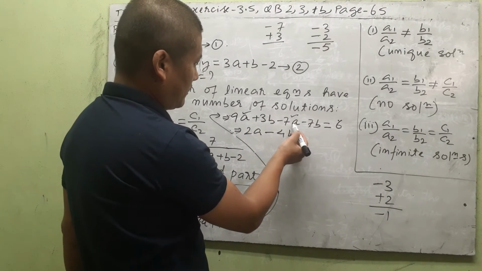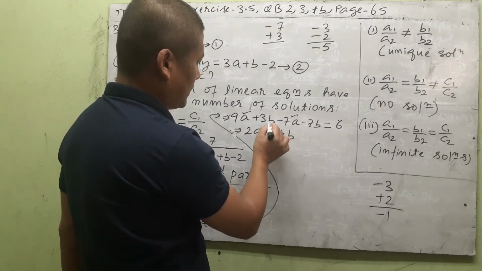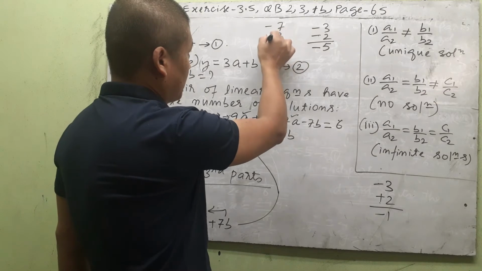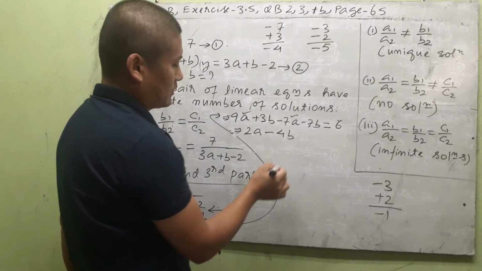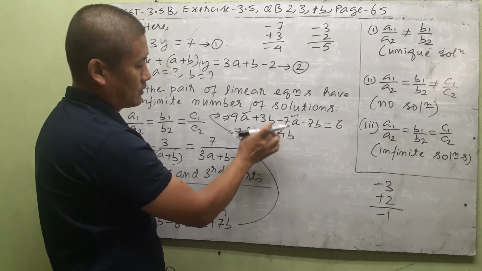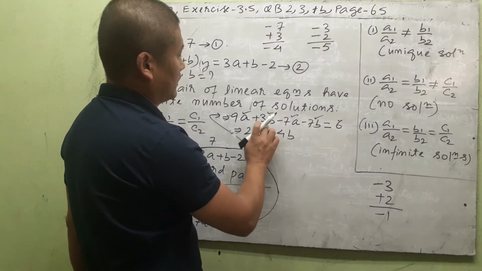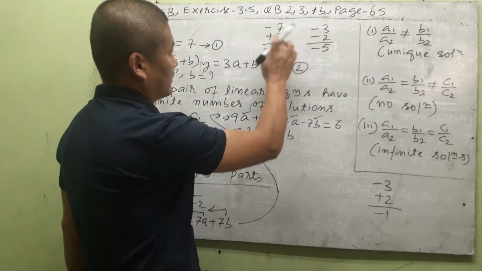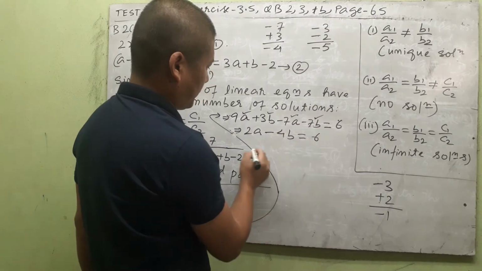So b: minus 7b plus 3b. Minus 7 plus 3 is subtract, so 4. Bigger sign minus, so here minus. So minus 4b. So finished. Done. That will be equal to 6.